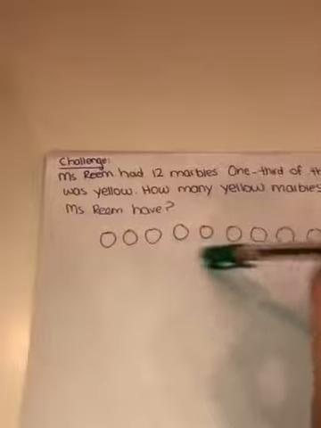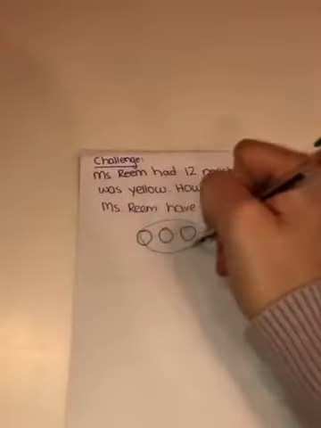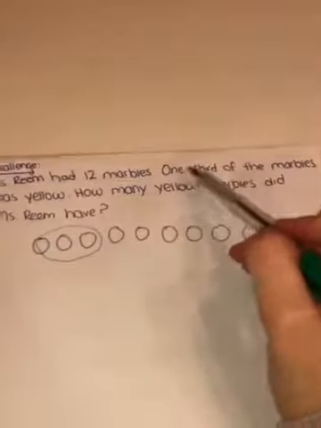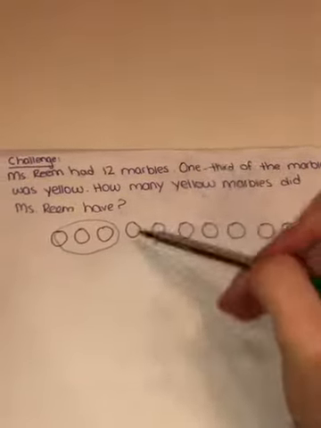What does that mean? It means that I have to group my marbles into 3, each 3 together in a group, and out of the 3, I choose only 1 of the marbles to be yellow. So let's start. Because the question is saying 1/3, so 1 out of every 3.